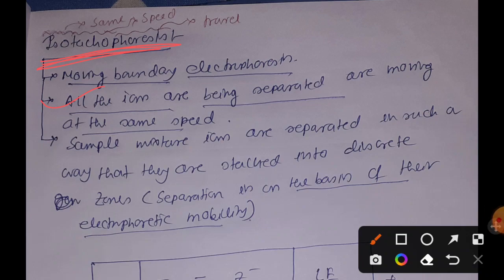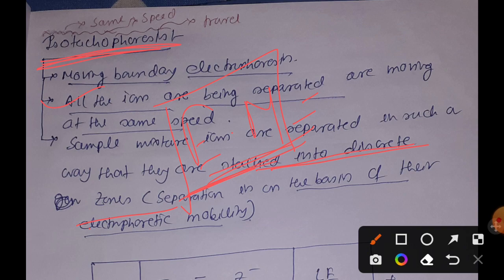Remember, in isotachophoresis sample ions are separated in such a way that all the ions are stacked in discrete zones. Separation is on the basis of their electrophoretic mobility. So what does the term electrophoretic mobility suggest? Electrophoretic mobility simply tells us about the migration of an ion under the influence of an electrical field.